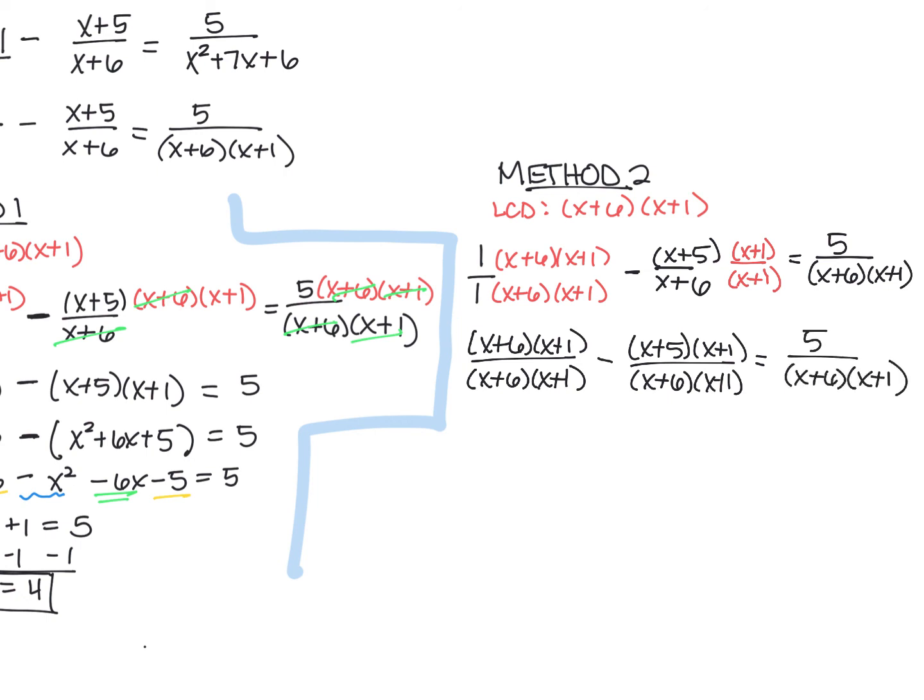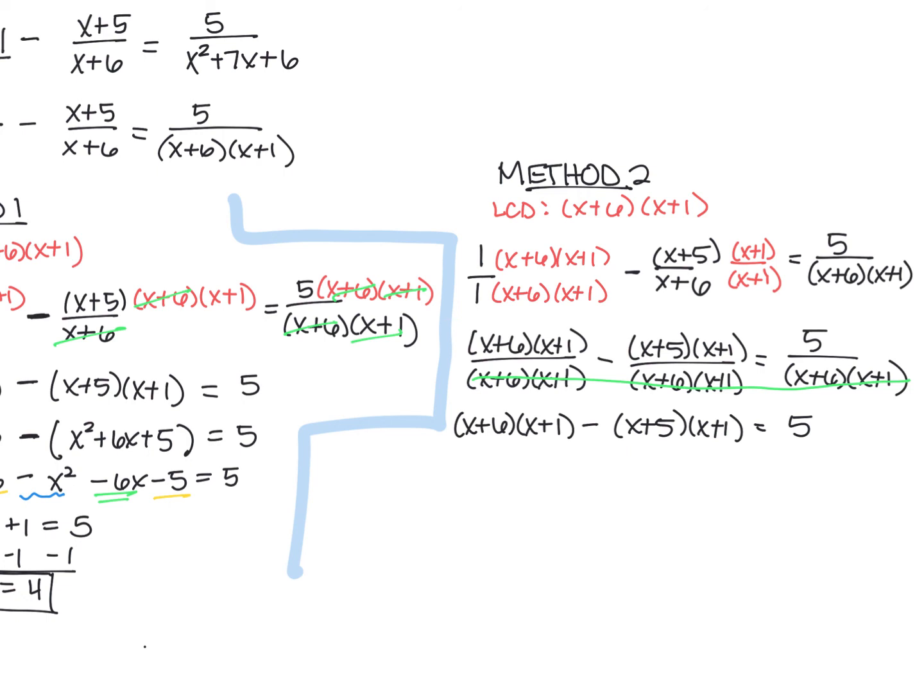So the whole point of this method is to get it so they all have the same denominators, because when they all have the same denominators, I can ignore the denominators, and then my problem becomes just like what we did on the other side: x plus 6 times x plus 1 minus x plus 5 times x plus 1 equals 5. And I'm not going to resolve the rest of that from there because it's the same as the last problem.